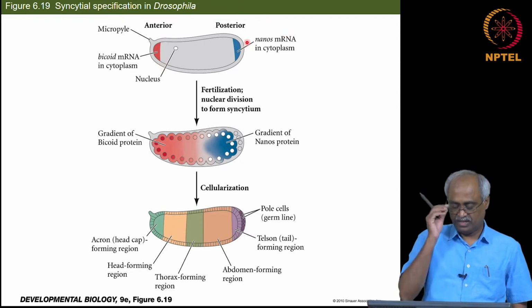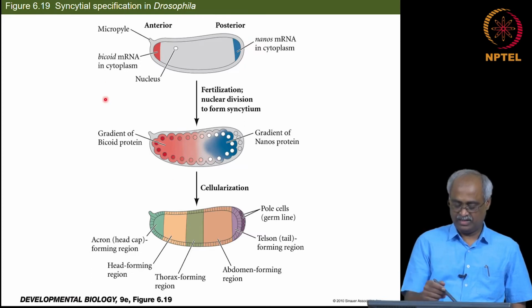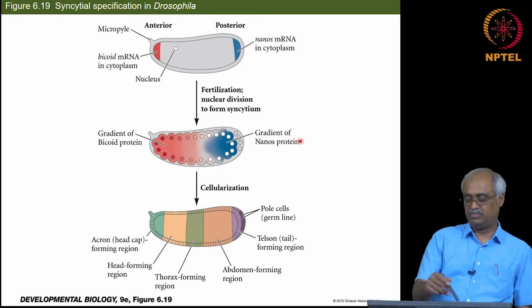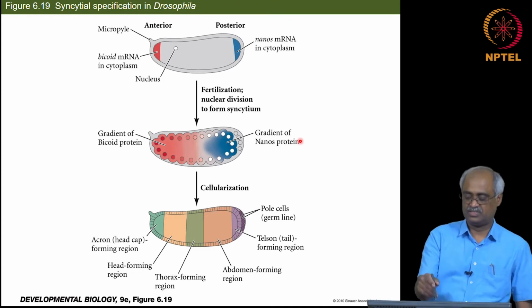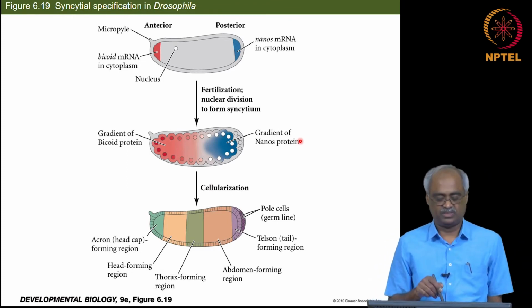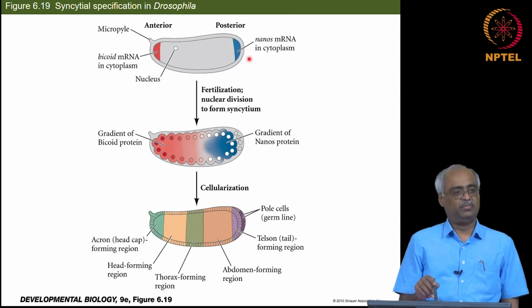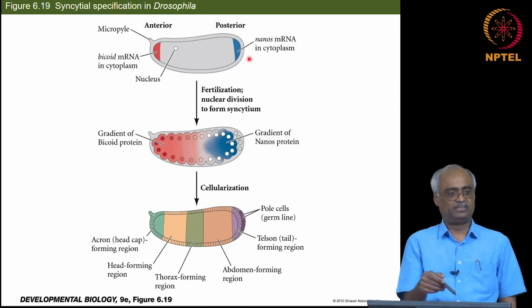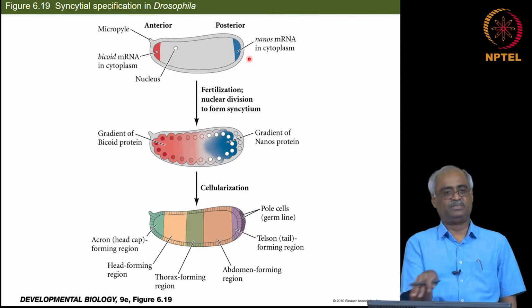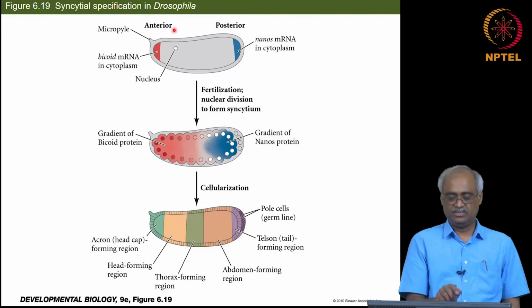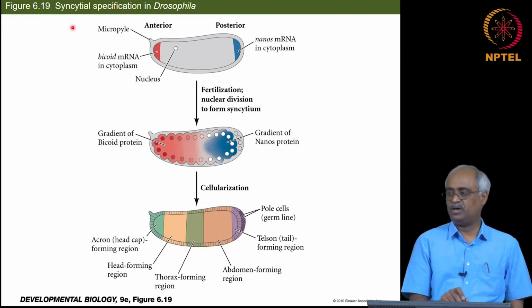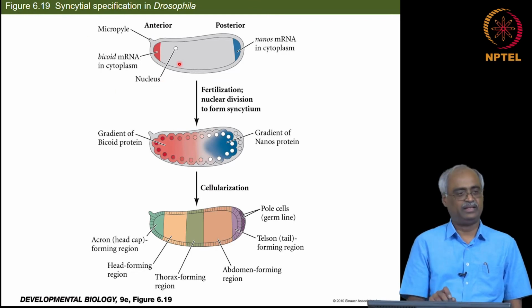Okay. So I will tell you a little bit about nanos. Let us spend sufficient time to understand this, because we do not have multiple slides explaining each of the steps. Nanos mRNA is produced by the nurse cells and deposited into the embryo. Nurse cells, if you remember, are anterior to this structure.